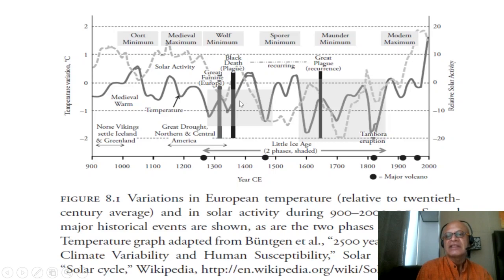So during the Little Ice Age, you have this series of minima in solar activity, Wolf, Sporer, Maunder being the most famous one. The modern maximum, which lasted up to about 2000, was being used by some people to say global warming during the 20th century was caused by solar radiation.